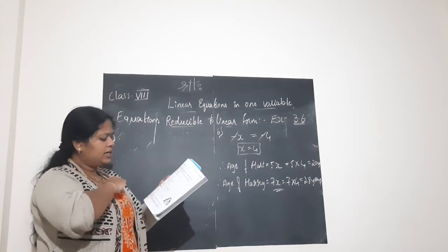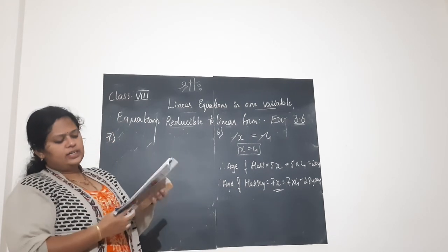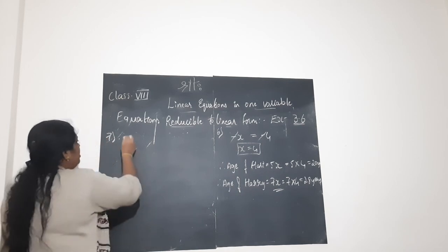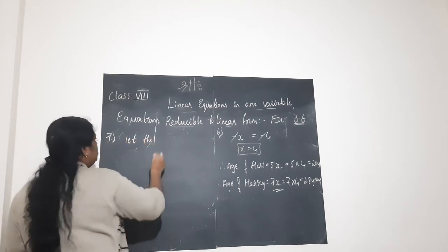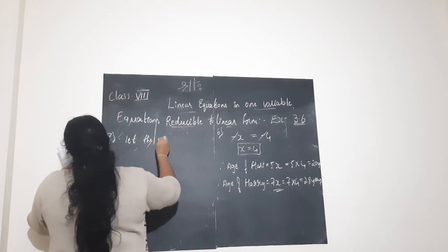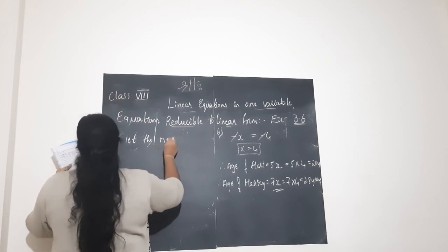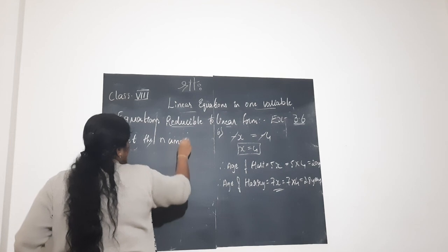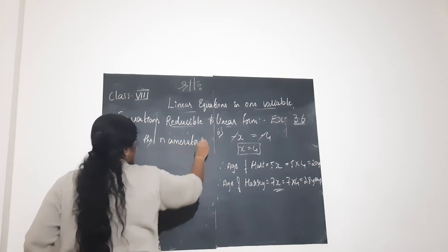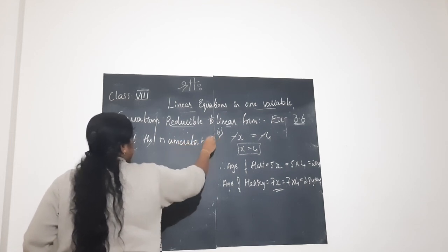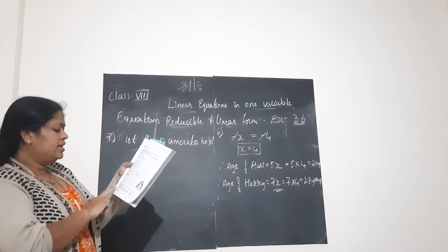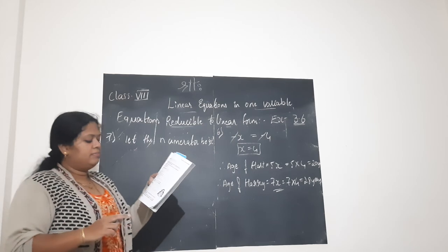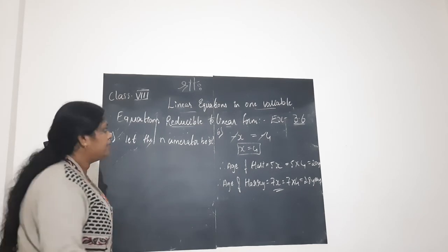So, children, the denominator of a rational number is greater than its numerator by 8. First, we don't know what the numerator or the denominator is. So, let the numerator be x. What they said, the denominator of a rational number is greater than its numerator by 8.